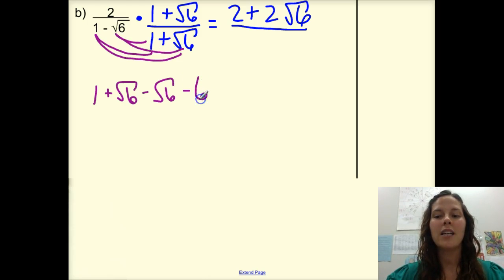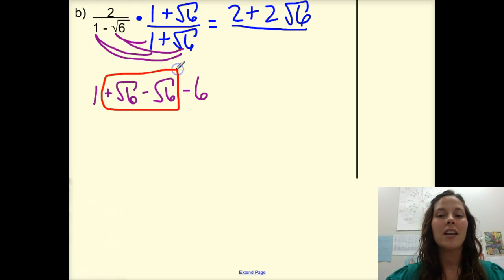Those radicals will cancel, but a positive times a negative is negative. What happens when you multiply conjugates is always this. You get 2 of the same thing with opposite signs, which will cancel, leaving us with 1 minus 6.